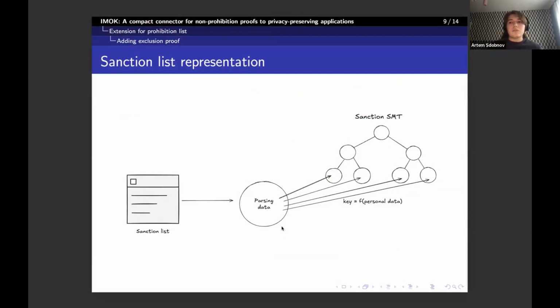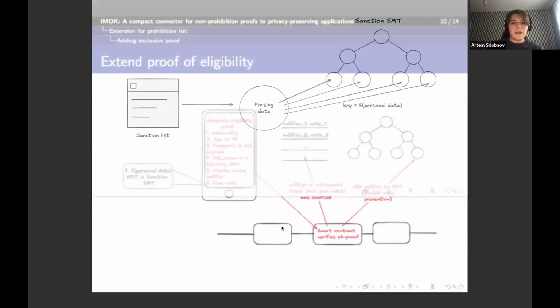Okay, now we want to extend such proof with a sanctioned people list. So firstly we need to parse data and create a new sparse Merkle tree, which includes some personal data of the forbidden people.